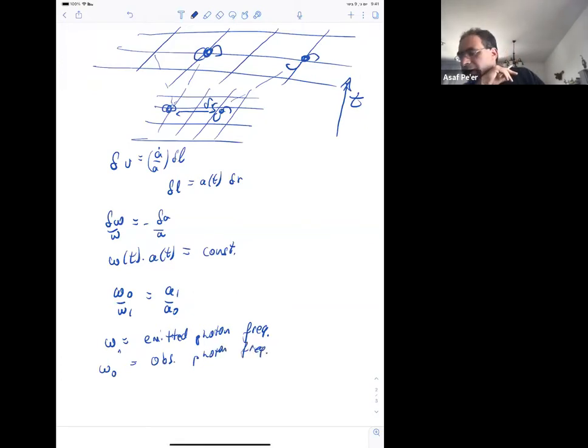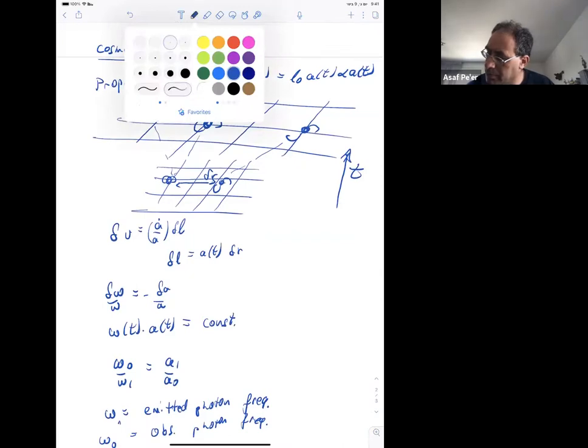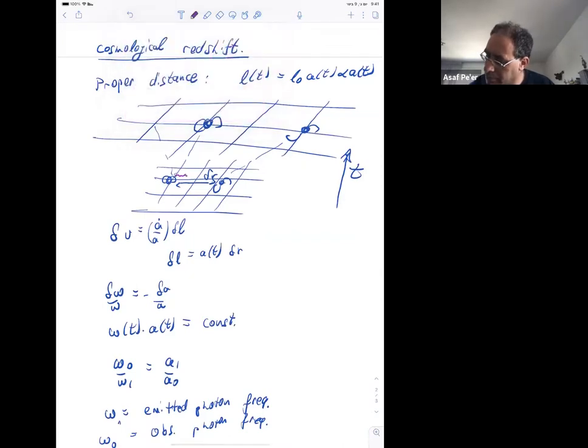And that is representing the fact that the universe had expanded from the time of emission to the time that the same photon was observed.